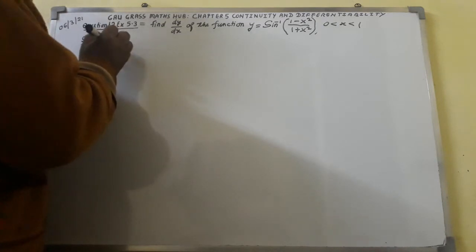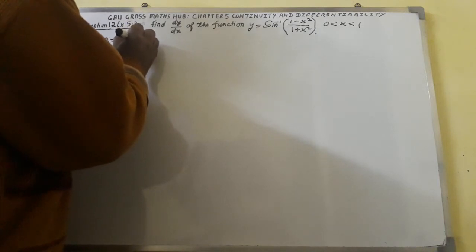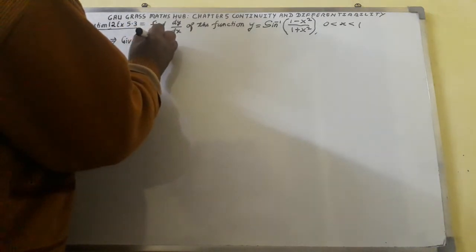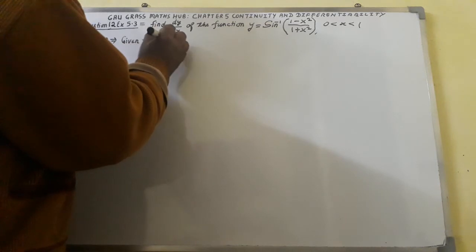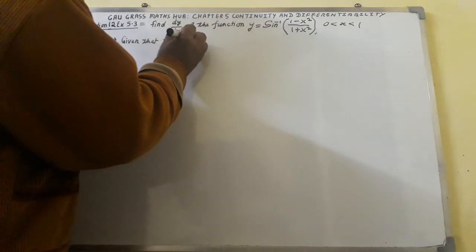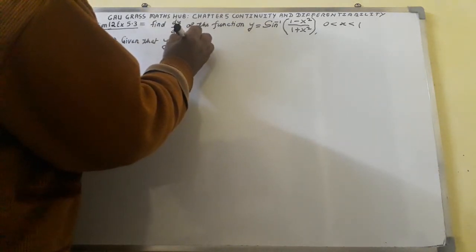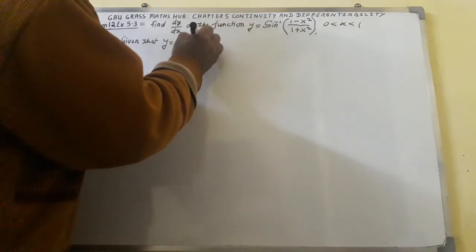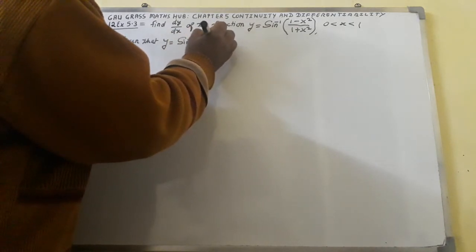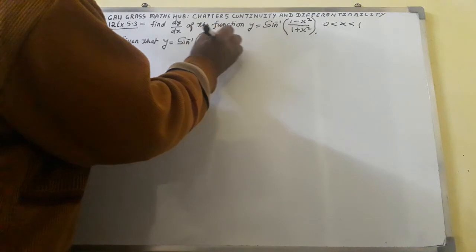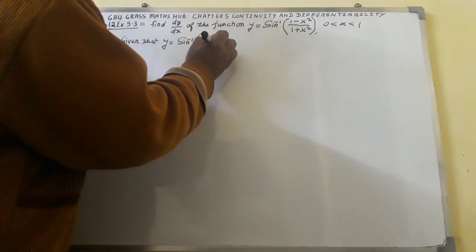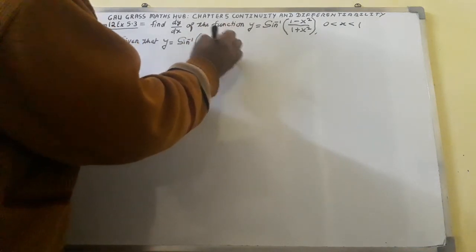Solution: given that y equals sine inverse of (1 minus x square over 1 plus x square).